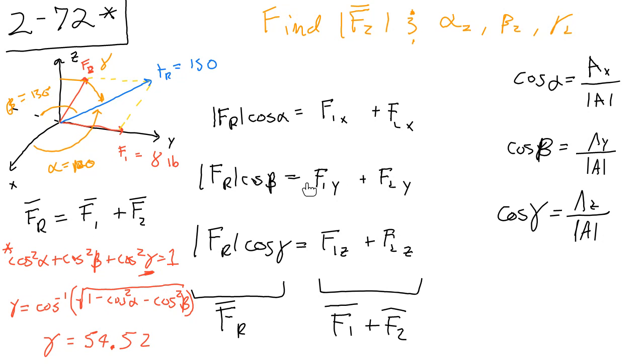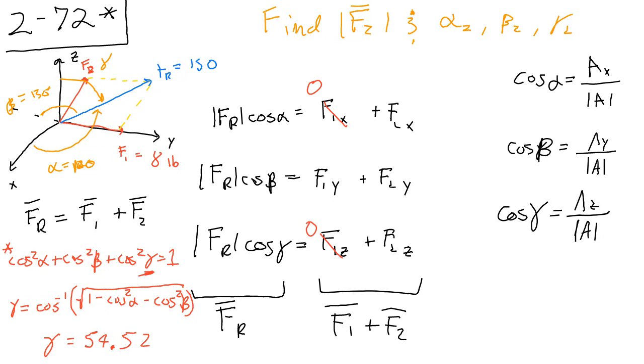Here, I'm going to just write out what that's going to be. These are the x components for force, these are the components for force 1. If you look at force 1, it's on the y-axis, so it only has a y component. So this part right here is 0.